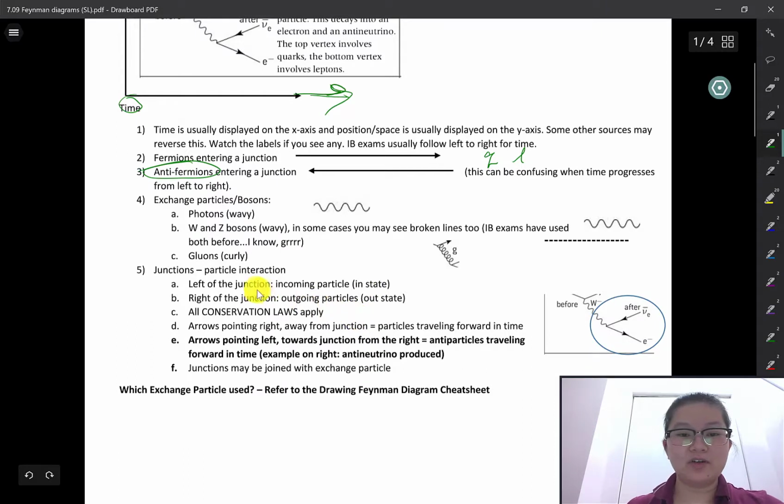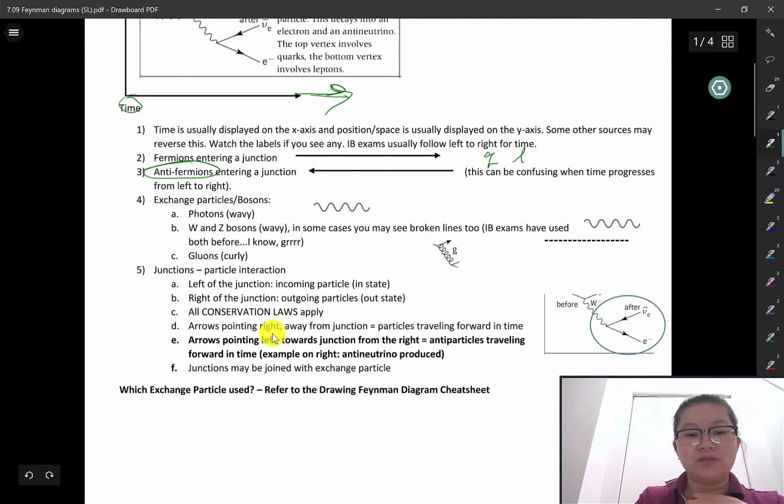At every junction, notice that you have an incoming particle and an outgoing particle, representing the past and the future. And also at every junction, there is some sort of mediating or exchange particle in the process. So vertices may be connected with these exchange particles to show an interaction happening.